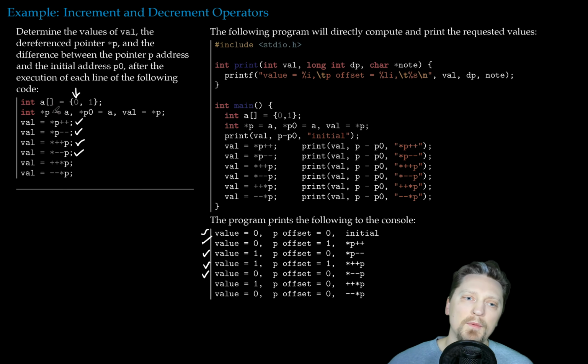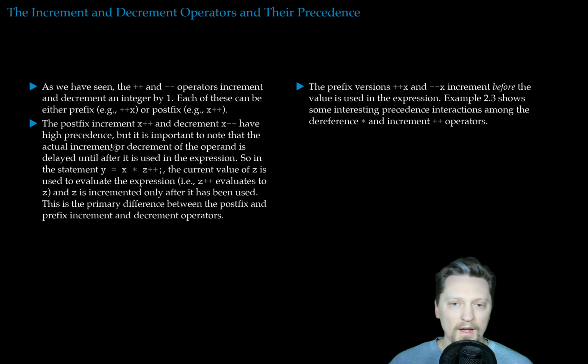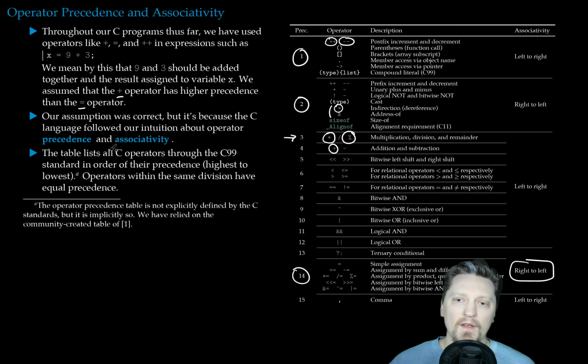So why did we do the plus plus and the minus minus before we did our dereference? It was because the prefix plus plus and minus minus, increment and decrement operators, have the same precedence as the dereferencing operator. So if we go back to our table, they are both precedence 2.